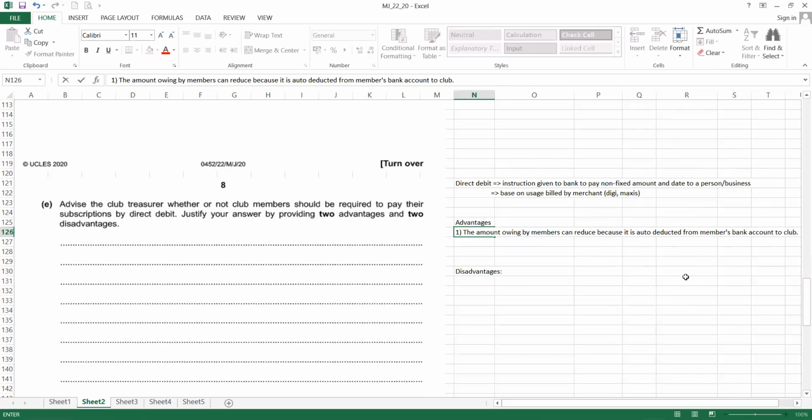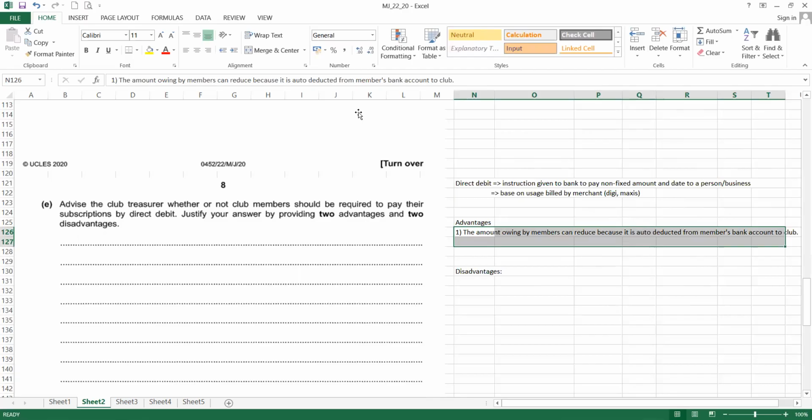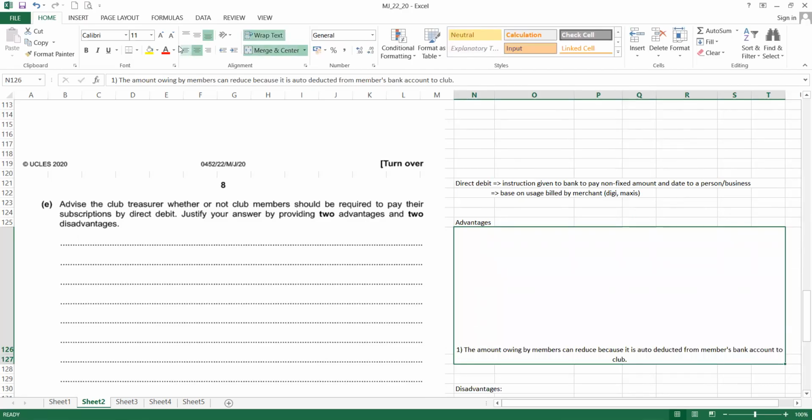So the member won't have the issue of telling you that they forgot to pay you. The bank will handle it the moment you give the direct debit instruction.